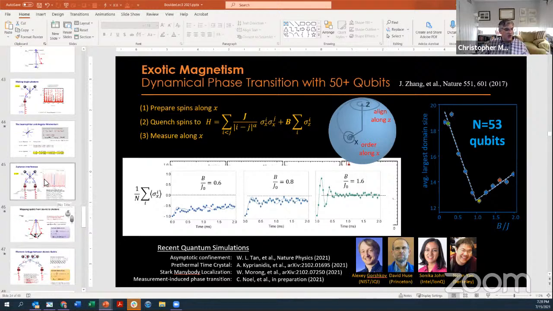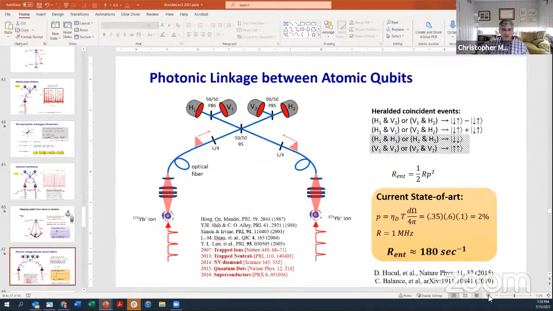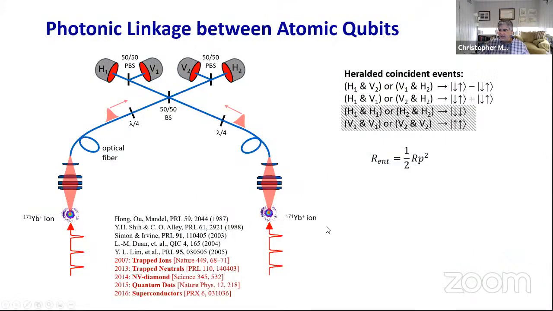Let me just show one slide here. So the idea here is, and again, 1 + 1 is sufficient. So 1 ion over here, 1 over here, and the goal is to entangle these two. Well, it turns out we can stimulate a single photon to come out of a single atom.